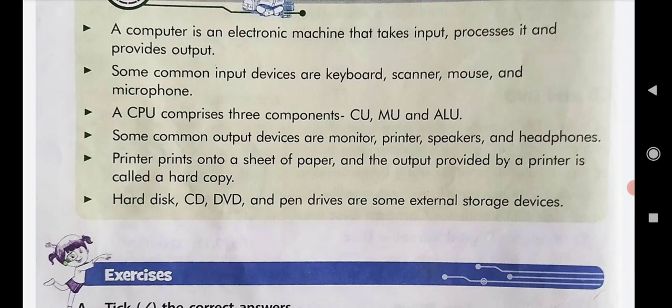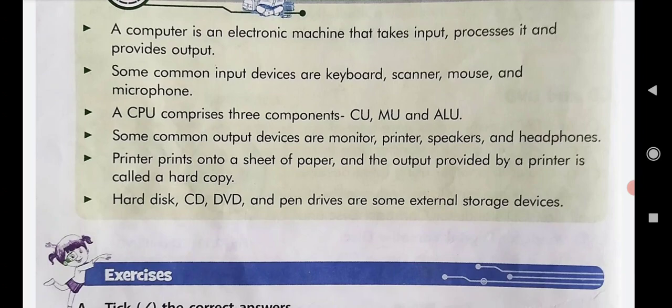A CPU comprises three components: CU, MU and ALU. Monitor, printer, speaker and headphones are some common output devices. Printer prints onto a sheet of paper and the output provided by a printer is called a hard copy. Hard disk, CD, DVD and pen drives are some external storage devices.